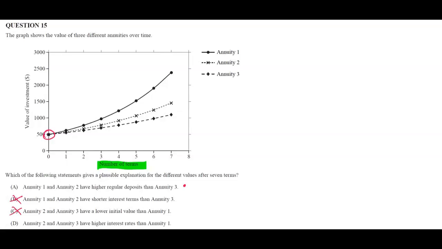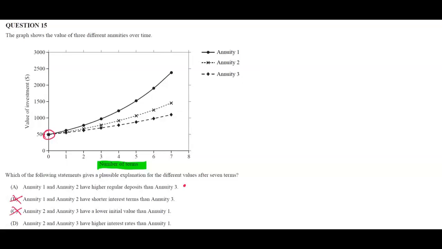D. Annuity 2 and Annuity 3 have higher interest rates than Annuity 1. So for this statement, it's easy to think of our payments being exactly the same. So starting off at $500, we put in $100 each term. Now, if we're putting in $100 each term, then the one with the highest interest rate is going to increase quicker.